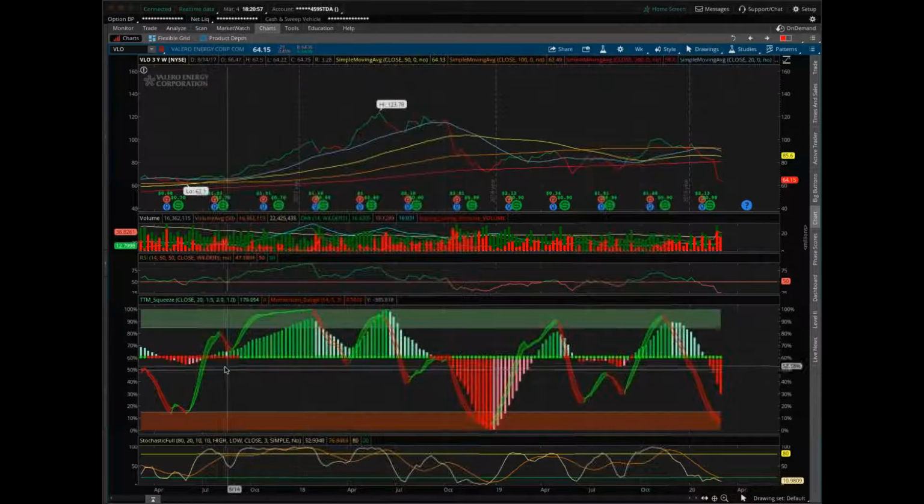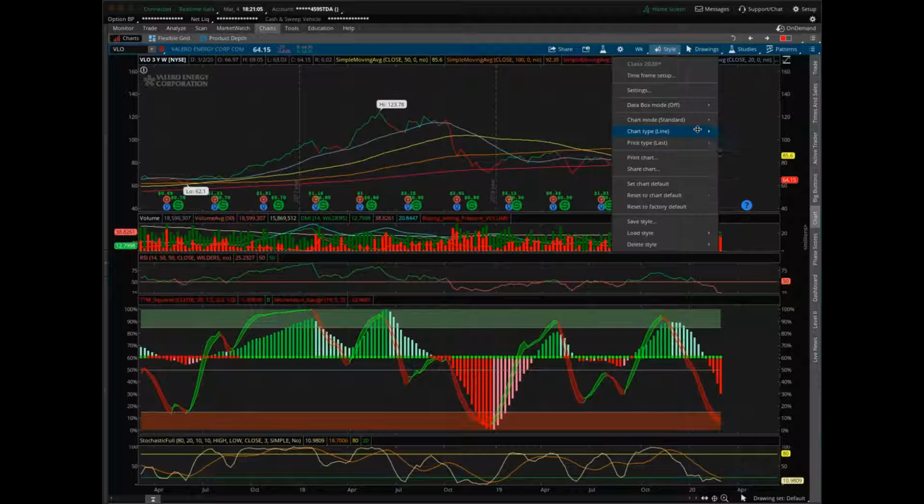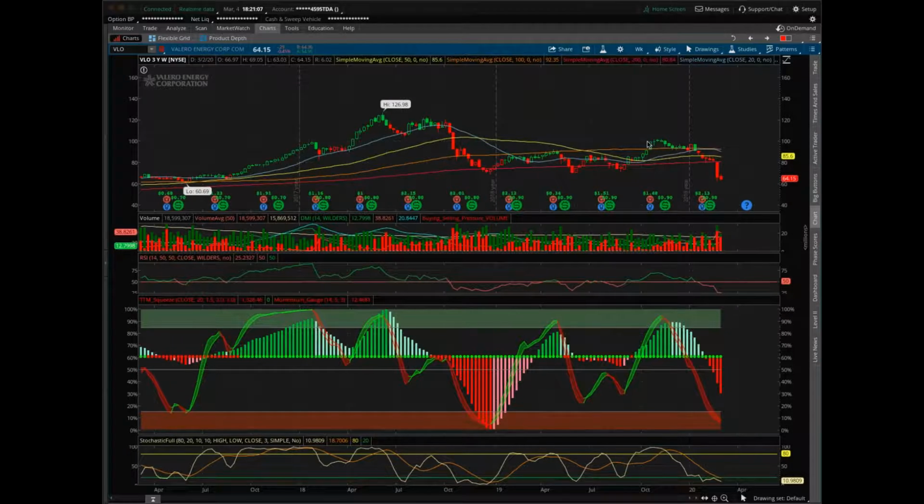Now, the TTM squeeze, I love. Why? Because of these little red dots. So let me put this back to a candle chart. This squeeze tells you when momentum is building and there's going to be a big pop or a long trend.